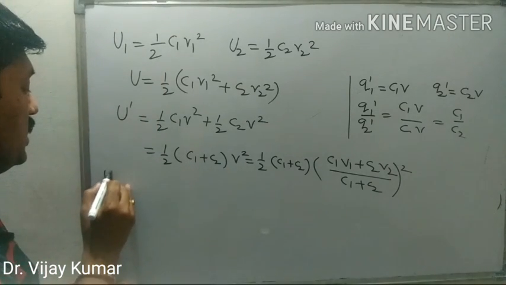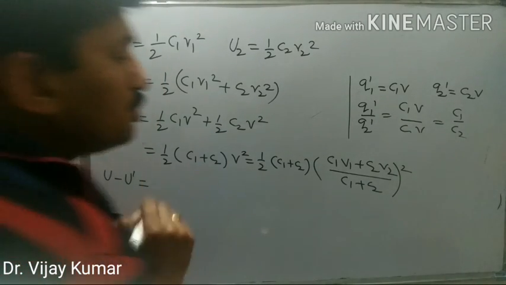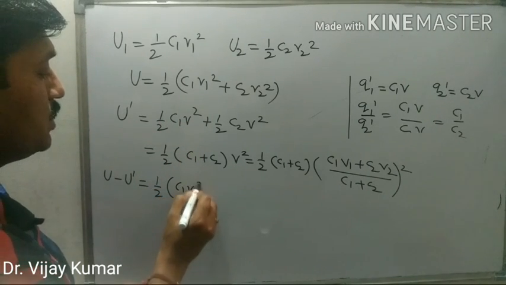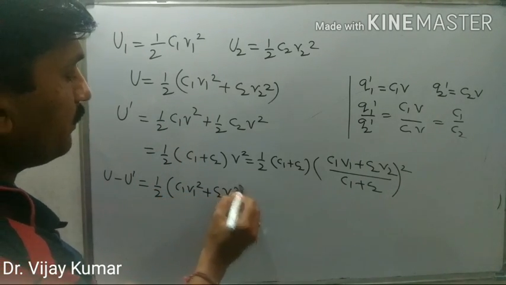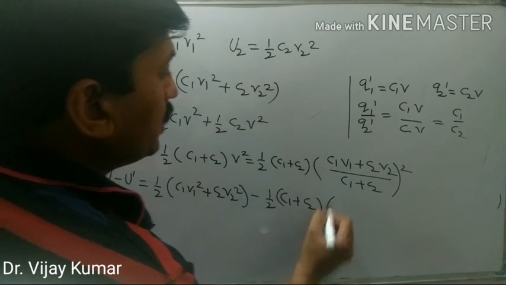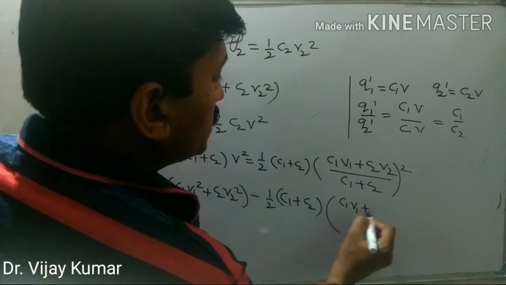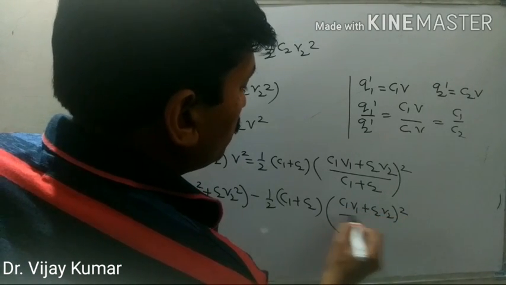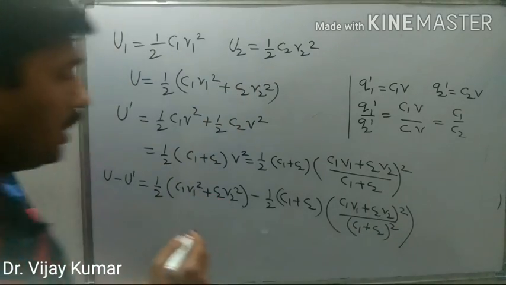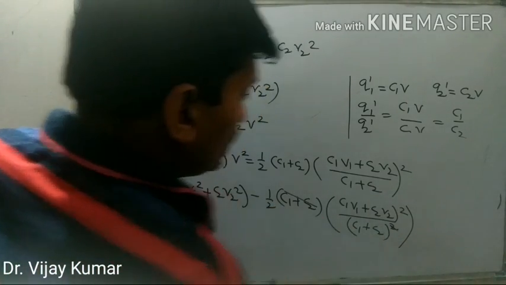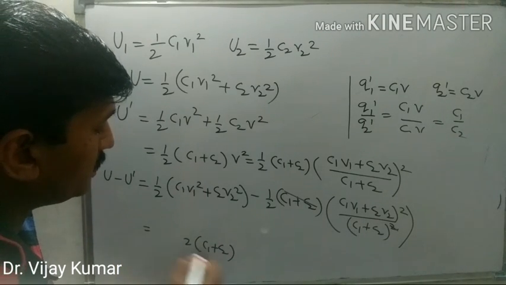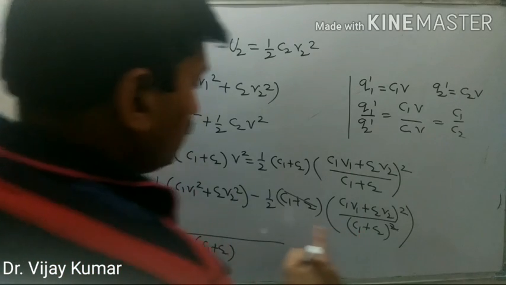And now the change in energy after redistribution of charge. U minus U dash is half C1V1 square plus C2V2 square minus half C1 plus C2 into C1V1 plus C2V2 whole square upon C1 plus C2 square. Now one C1 plus C2 cancels out, and if we take the LCM, it becomes 2 into C1 plus C2.